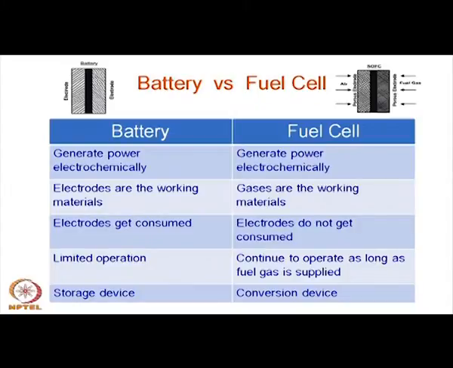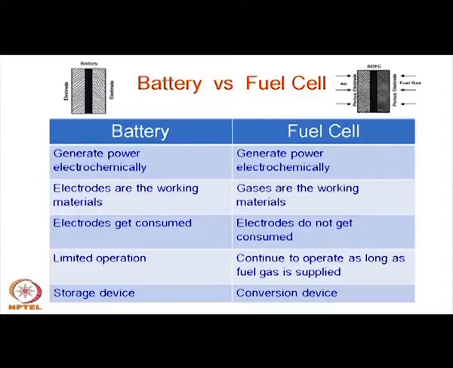A battery has limited operation, because as long as the chemicals are available it will produce power. Once the chemicals are consumed and converted to different products, the source of power is lost and the power will not be available anymore.